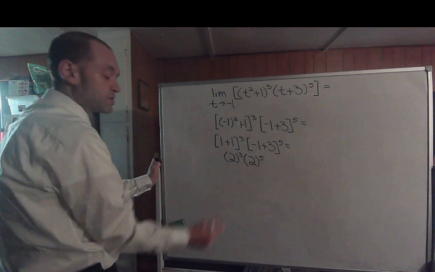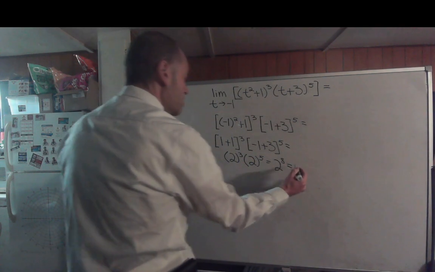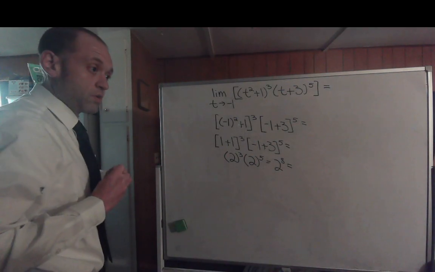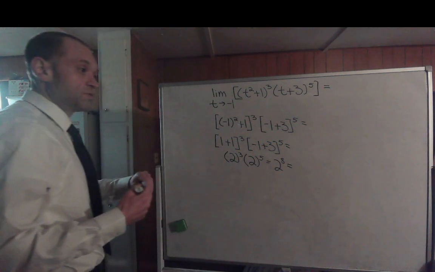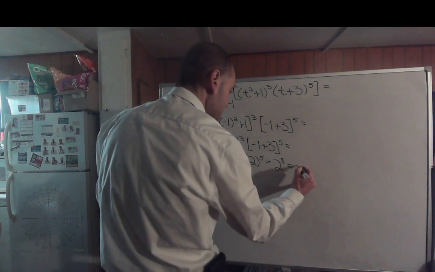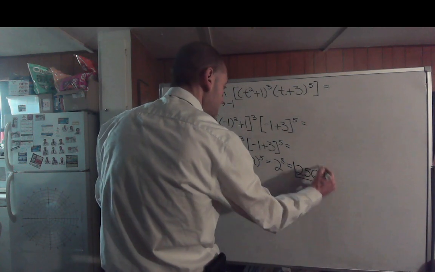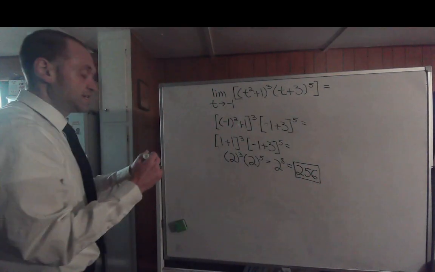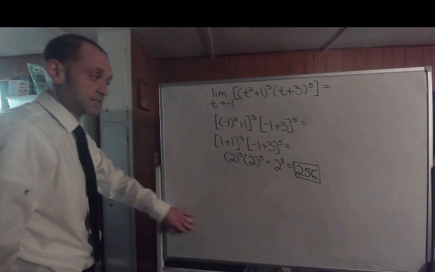Well, 2 to the third times 2 to the fifth is 2 to the eighth power. Which, what is 2 to the eighth power? Well, 2 times 32 is 64, 128 for 2 to the seventh, so this would be 256. So the limit of this function as t approaches negative 1 is going to be 256.